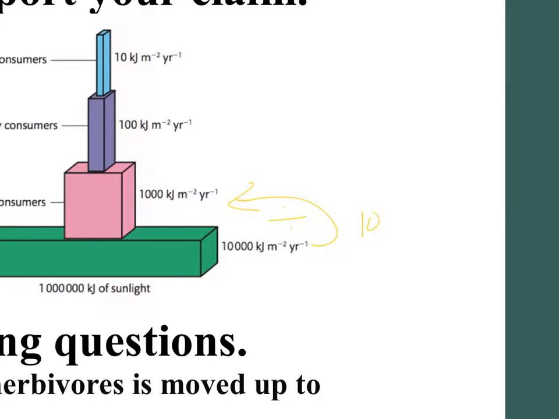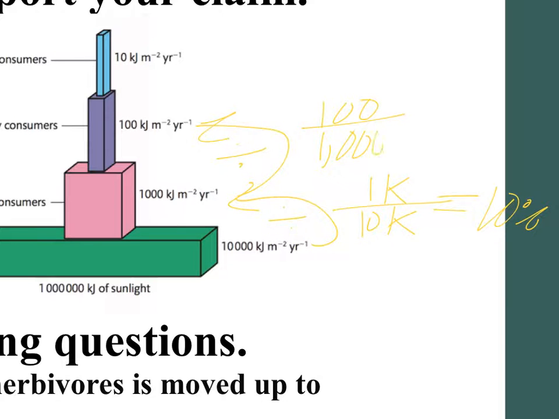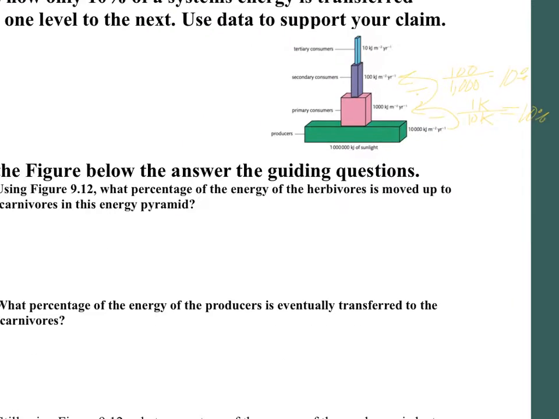So 10,000, 1,000 equals 10%. 100 divided by 1,000 equals 10%, so on and so forth. So those two are pretty straightforward.